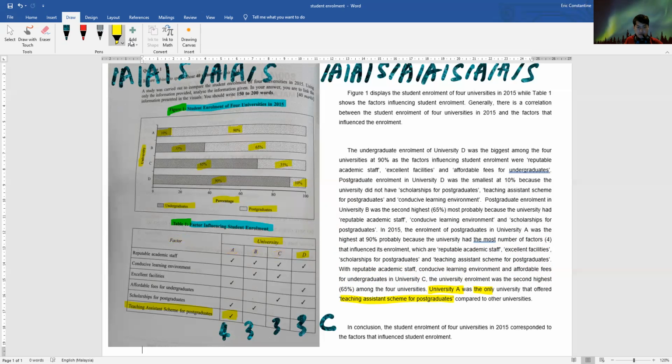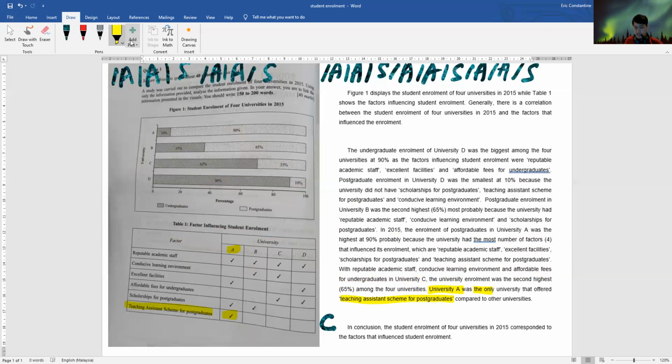So that you're not confused, I just remove all this highlight, so that you know what's important for the details. Now, University A. This is University A, the only university.